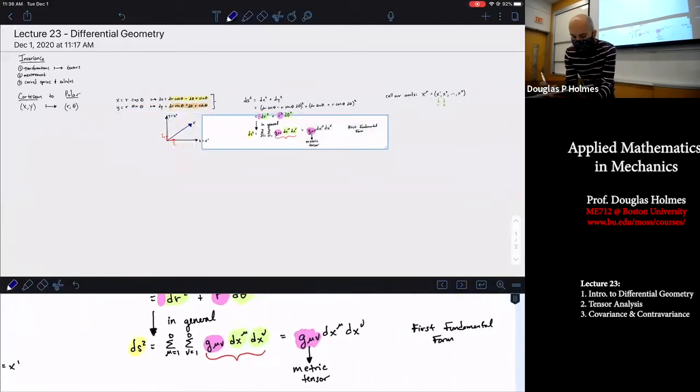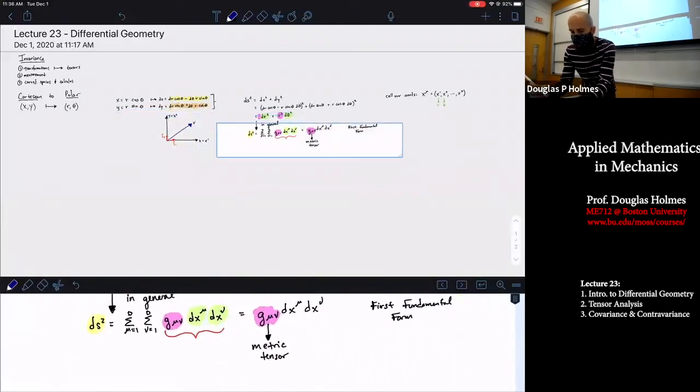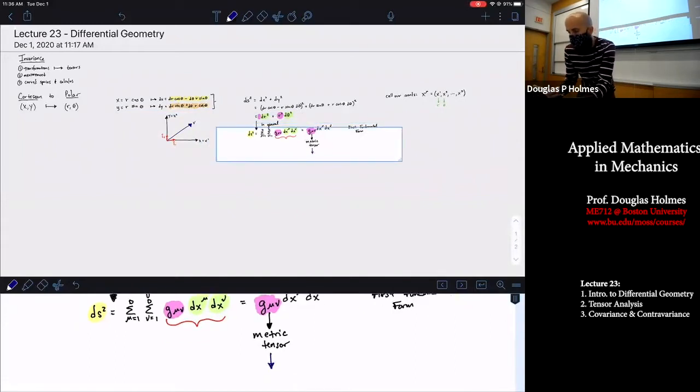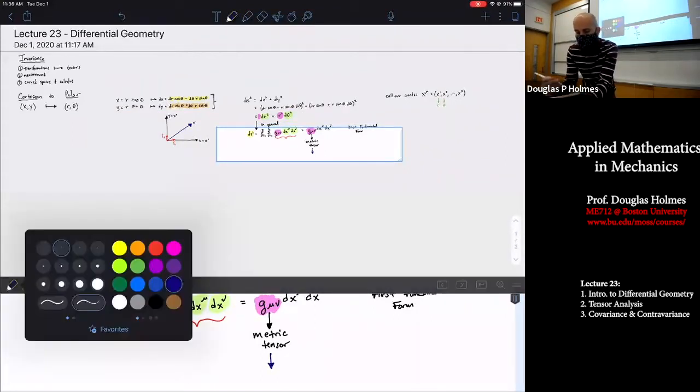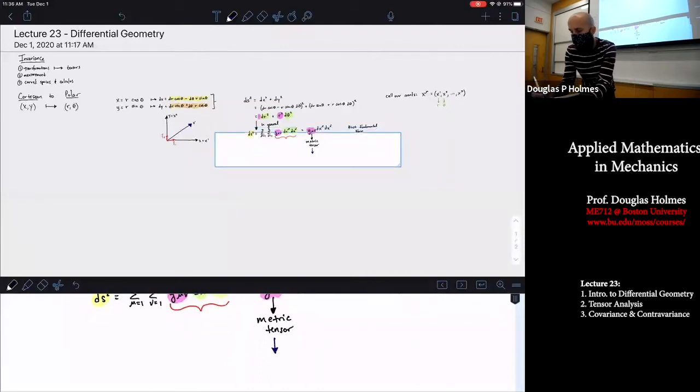Well, let's unpack this thing. Our metric tensor is constructed by taking the dot product between our two basis vectors. So for instance, I can take the dot product between g mu and g nu.